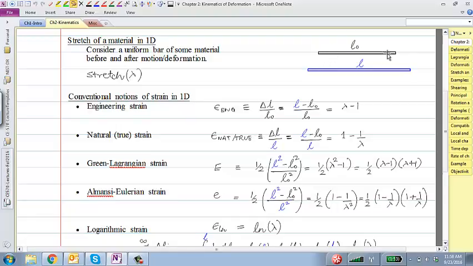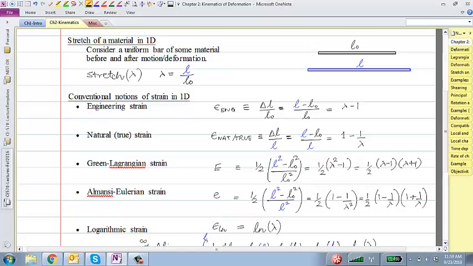If I have this body initially undeformed of length L0, shown here in black, then after some process happens to it, maybe I apply loads, boundary conditions, or heat it, the length of that body changes from L0 to L, shown in blue. We define a quantity, stretch lambda, equal to the final length divided by the original length.